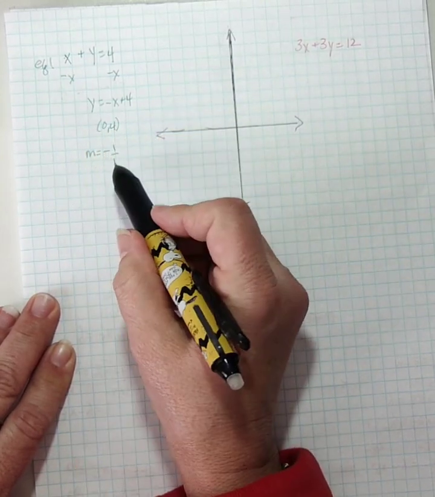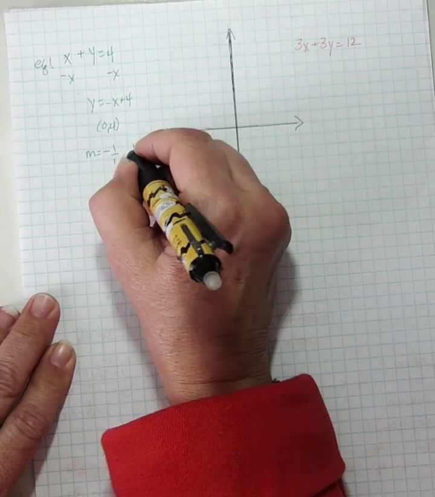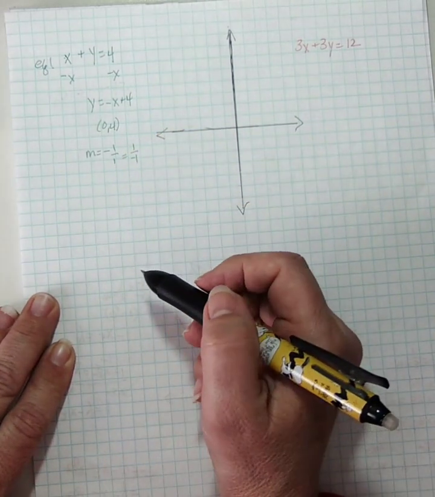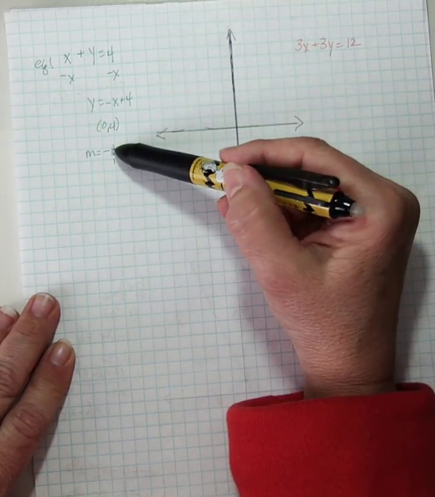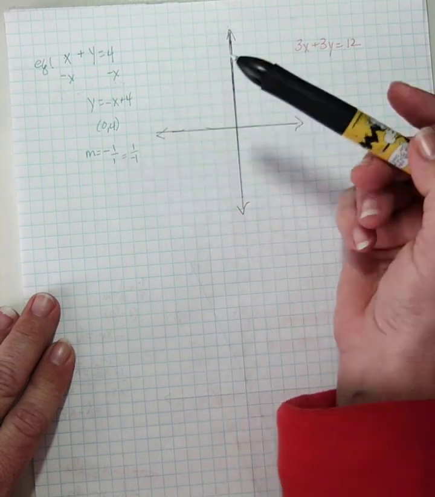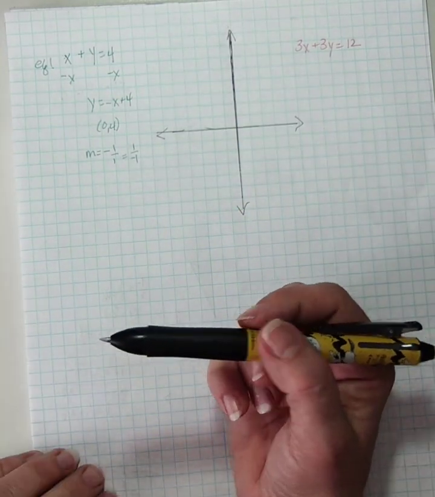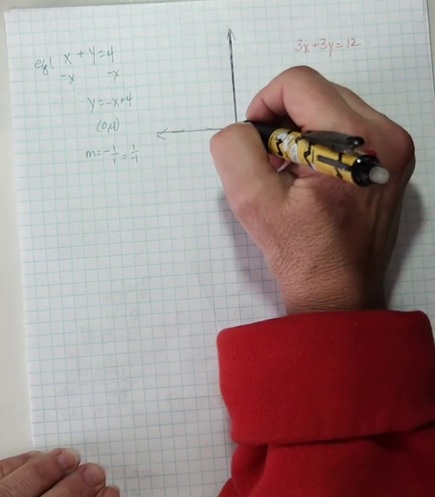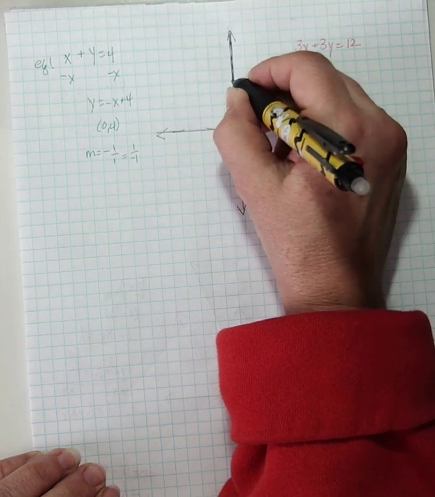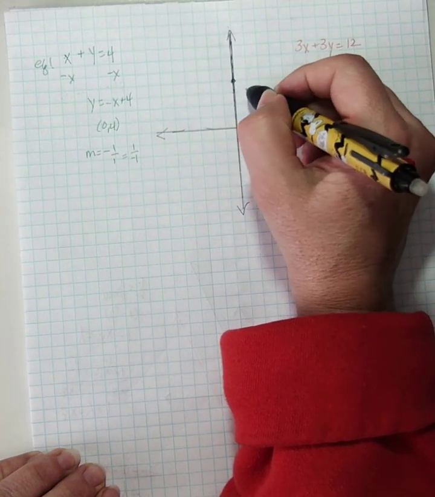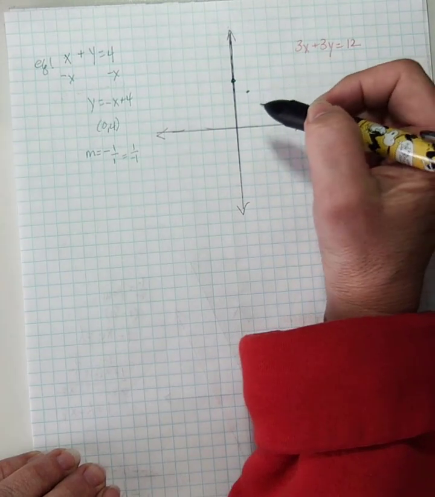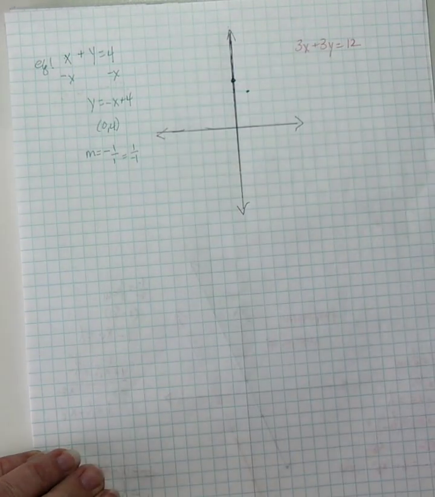So I could rewrite that as negative 1 over 1 or as 1 over negative 1. And why do I put the negative with the numerator or denominator? Because it's a different way you could use the slope to find different points on the line. So I start at 0, 1, 2, 3, 4. And I'll use negative 1 over 1. I've got 2 points, and now I can graph the line.